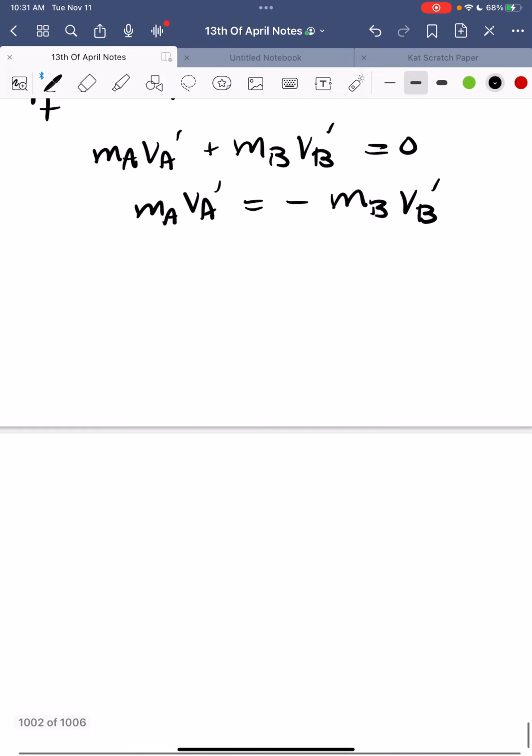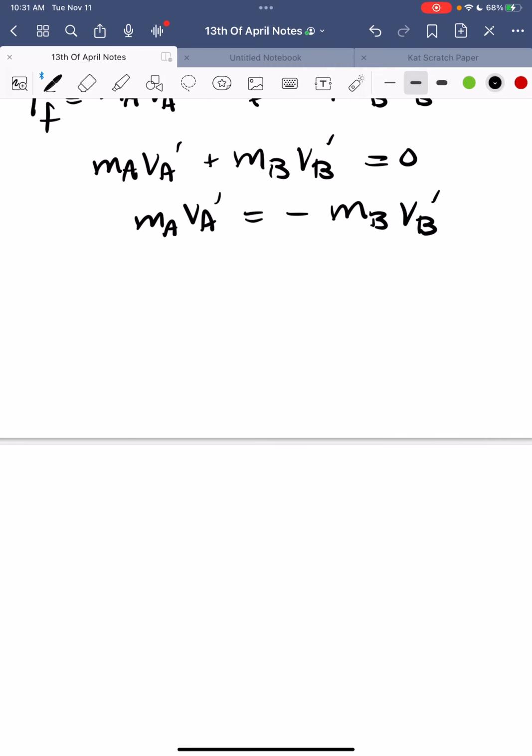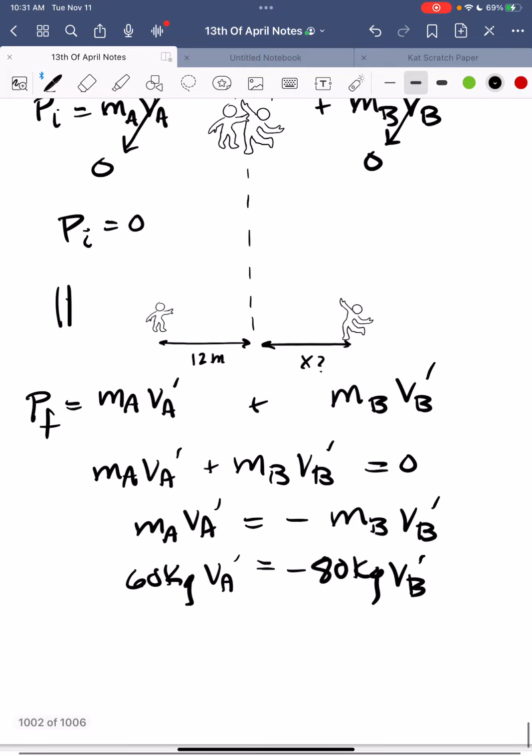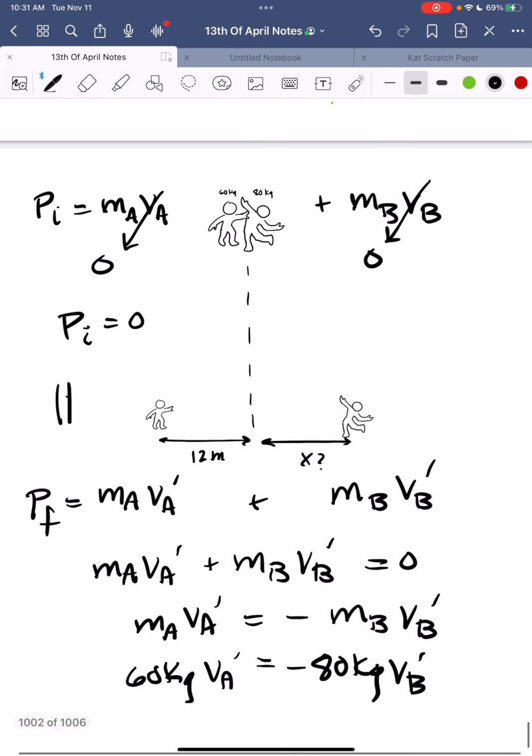Okay, so let's go a little bit further with this. I can put in the values of these astronauts because I know their masses. So this one's 60 kilograms, so that's astronaut A, velocity of A prime, equals minus 80 kilograms, that's what we were told for astronaut B, times V prime, like this. Now, I don't know the velocity of astronaut A. So remember, this is astronaut A and this is astronaut B here. I don't know the velocity of astronaut A, but I do know that in a certain amount of time, he traveled 12 meters.